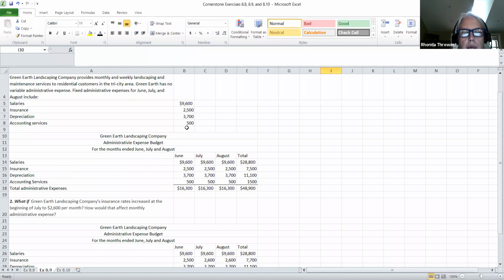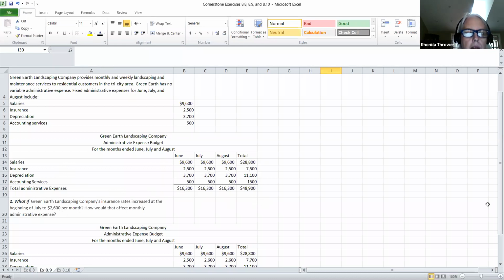And since these were fixed, all I did is copy this into each one of the months here. And then of course I added a total column, and you'd total straight across to get those. And then I added a total column for the administrative expenses, which you add these straight down to get this.